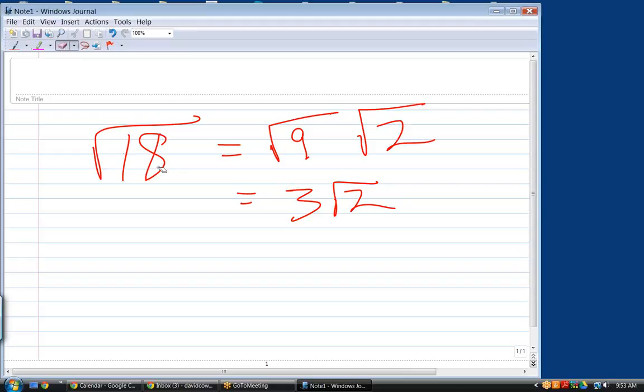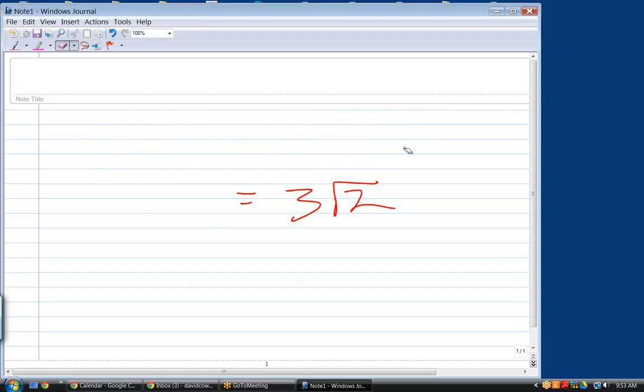Okay, so when you have these, Pi, come here, Pi. When you have factors of numbers that are not perfect square numbers, give me a list of perfect square numbers, starting with 4. 4, 8.